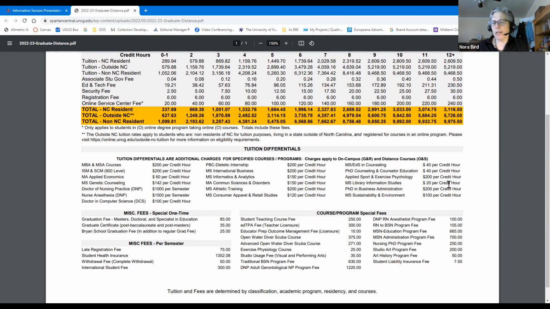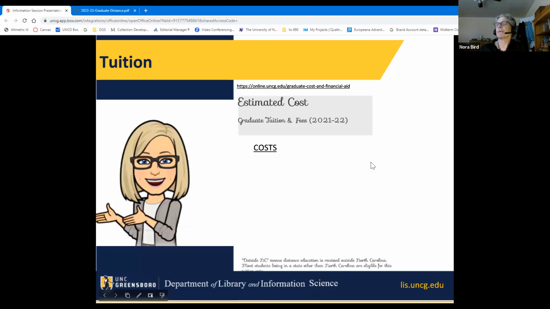So an extra $20 per credit hour. These are technology costs for us. And I don't know if you noticed, but that was just for spring of 2023. There's probably going to be an increased cost after this, actually probably starting this summer.